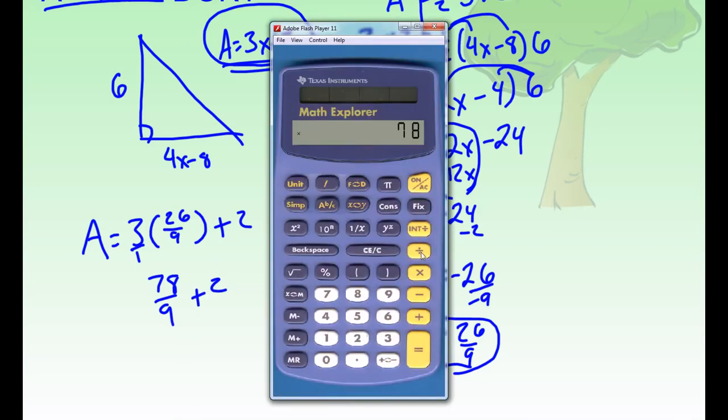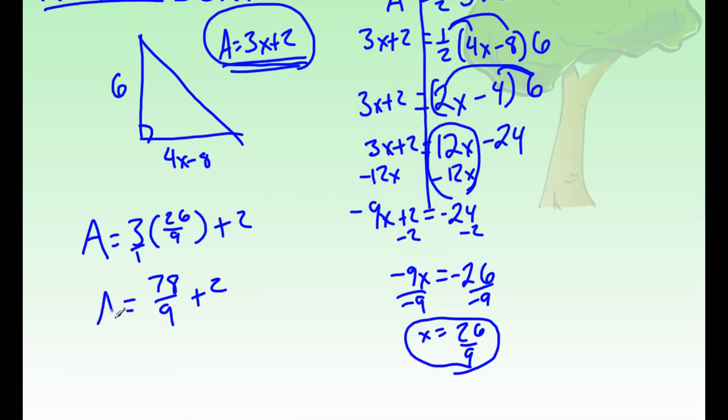I'm just curious, what's 78 divided by 9? That's 8 and 2/3. The decimal expansion is 0.6666666, rounded, and that decimal expansion is 2/3. So 78/9 simplifies down to 8 and 2/3, which I think is going to be a little easier to work with.